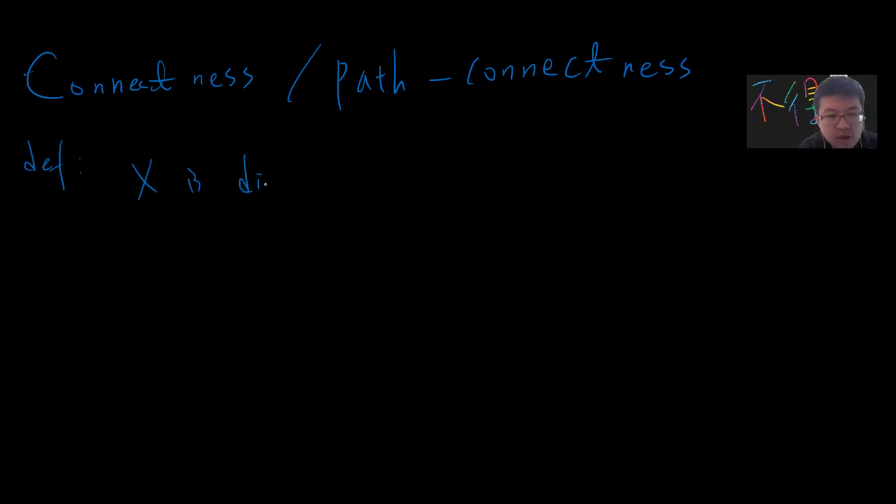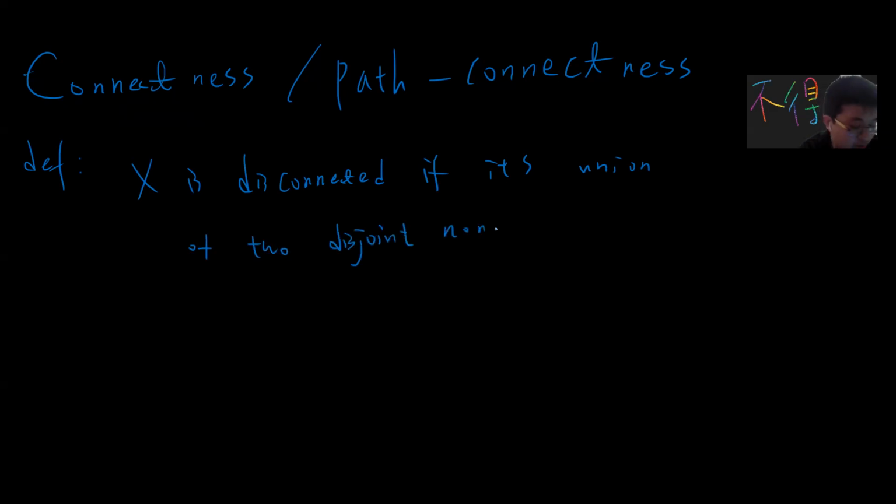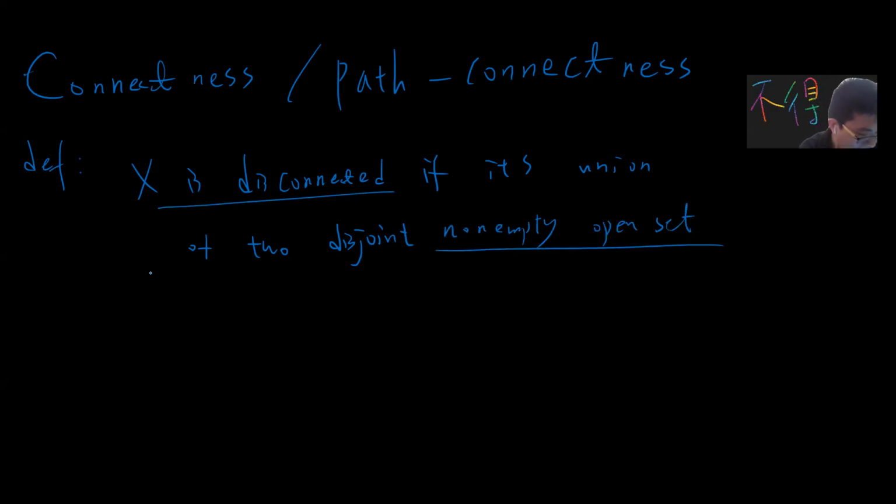X is disconnected if it is the union of two disjoint, non-empty open sets. Okay, so yeah, just the definition.